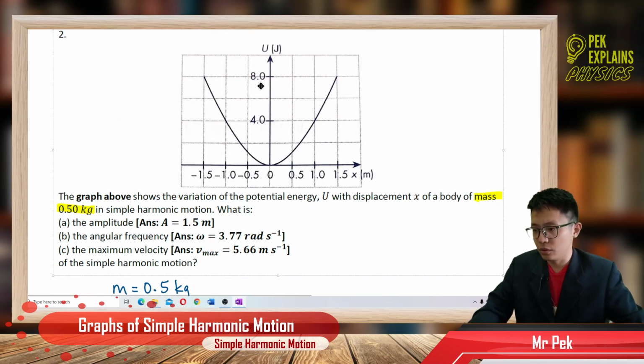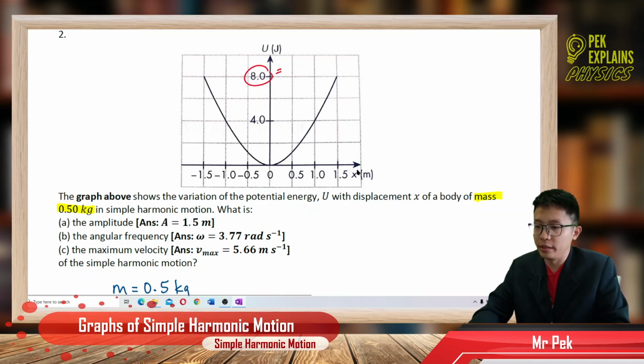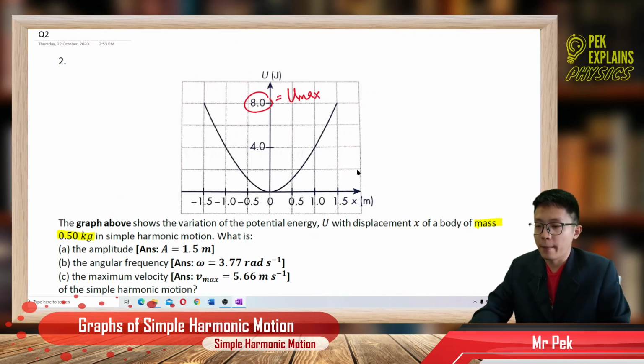Okay. So what information can we extract from the graph? This is the energy versus displacement graph. First of all, this one is the maximum potential energy, which is when it is maximum, it is equal to the total energy.